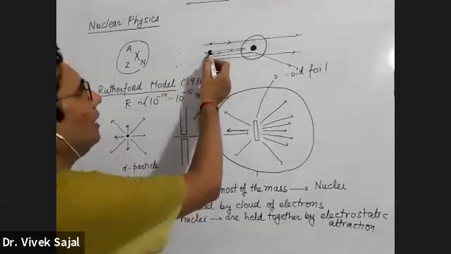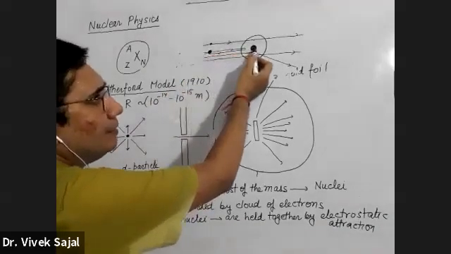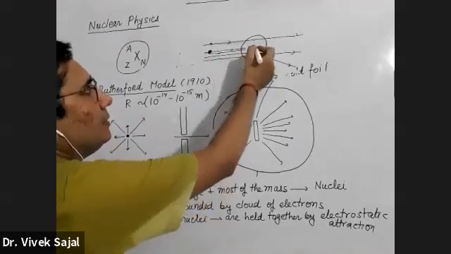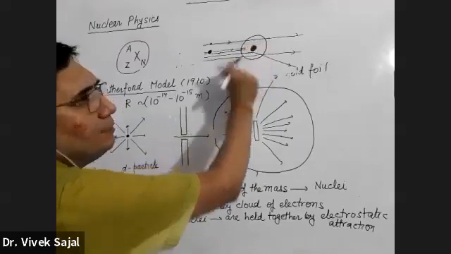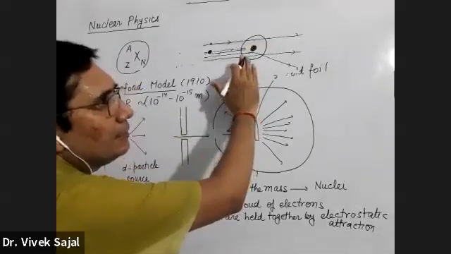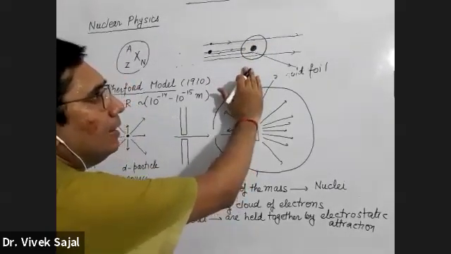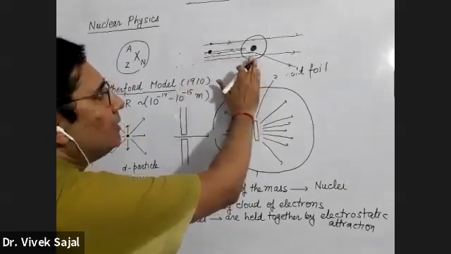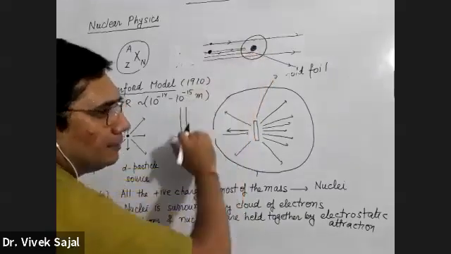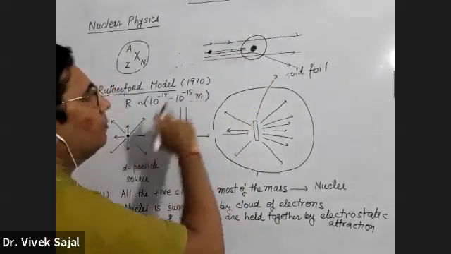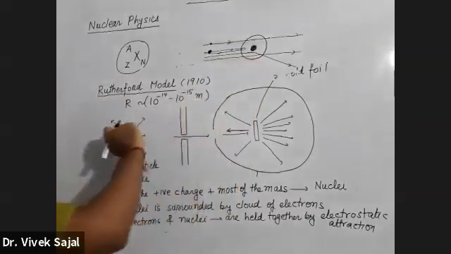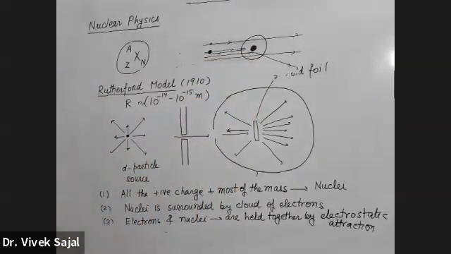So first was that this alpha particle as well as this nuclei are point charges, and second, this nuclei is significantly massive, too massive with respect to this alpha particle, so it is not going to be displaced in this encounter or in this scattering. These two assumptions he made, and on the basis of this, he found some good relations.